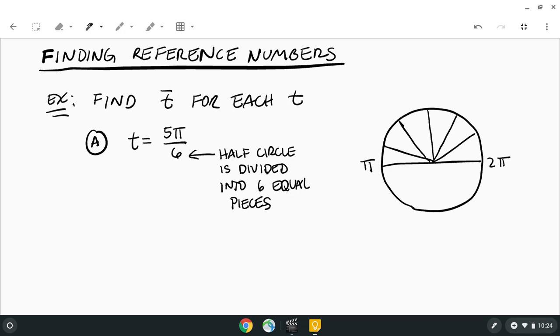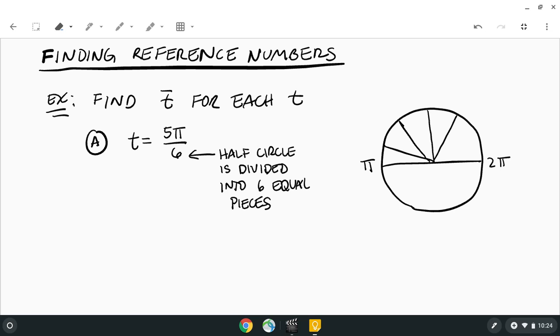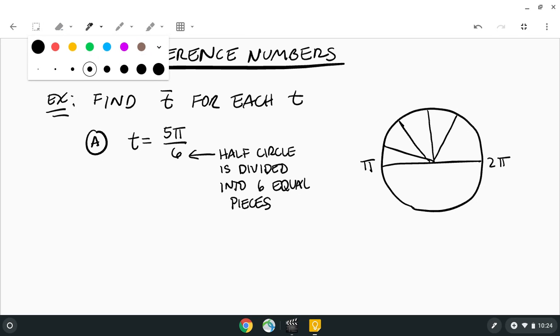If you have less than that bottom number, we have 5 out of the 6. So it's like we've gone here. That's not good because we're not talking about angles just yet. Let me fix that.